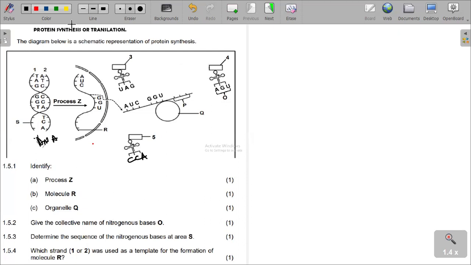The first question, 1.5.1, says identify process Z. The process whereby DNA forms mRNA, what do we call it? Transcription. So for 1.5.1a, this is called transcription.